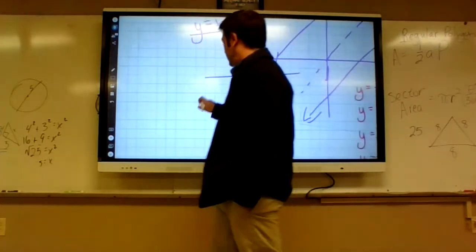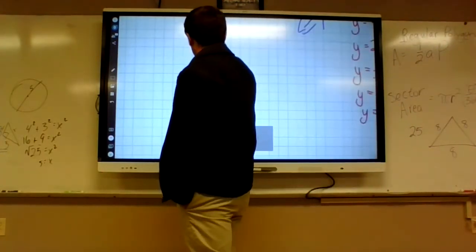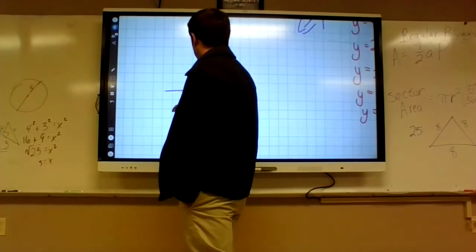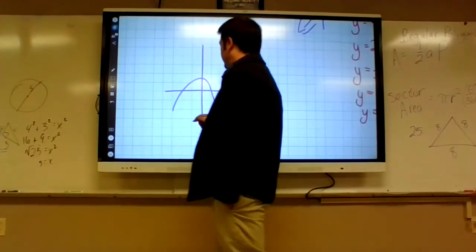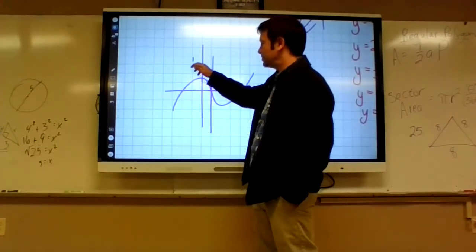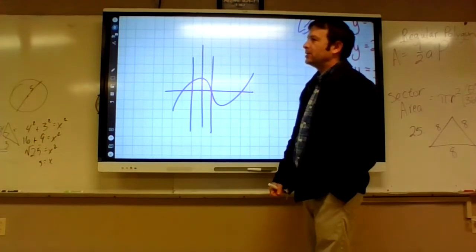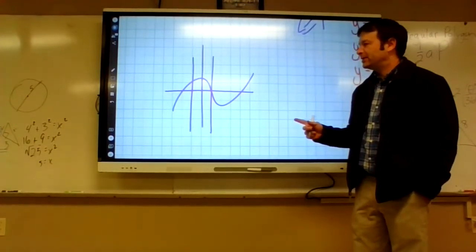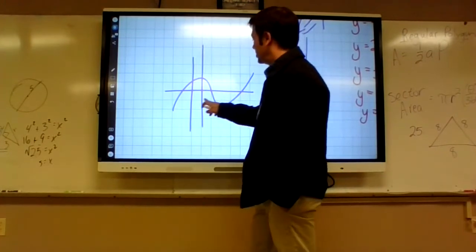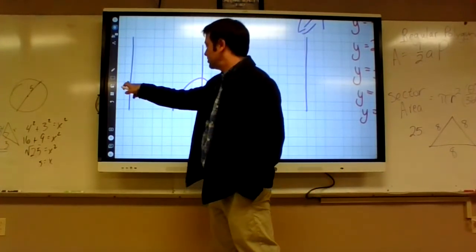Do you guys remember how to tell whether something is a function or not? Oh, the vertical line test. Is that a function? Yeah, because it passes the vertical line test. Okay. However, that's a function, but is it the inverse of a function?